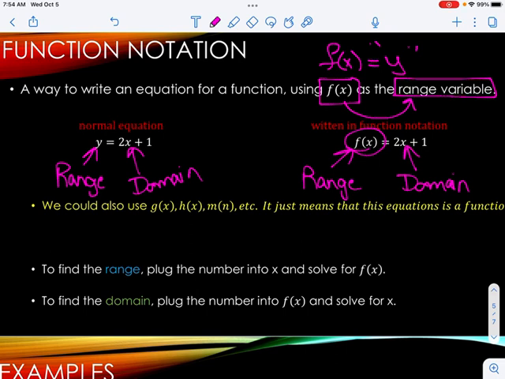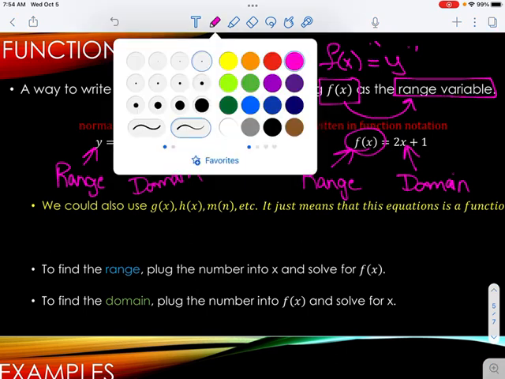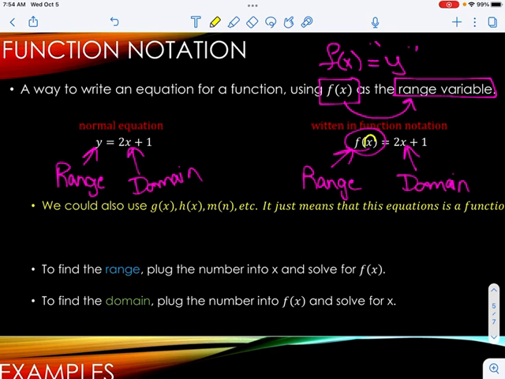But also, when you look at this, the f of x, what that simply means is the function with the name f with the domain variable of x. So when we write this x inside that grouping, that is telling me, hey, this is going to be your domain variable. So it's saying the range, f of x, is the function of f with the domain variable of x.